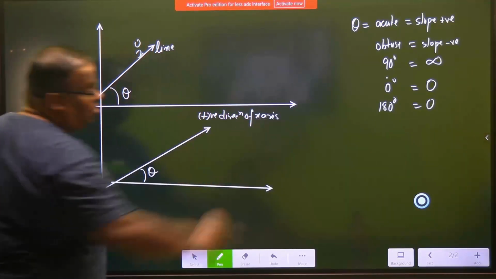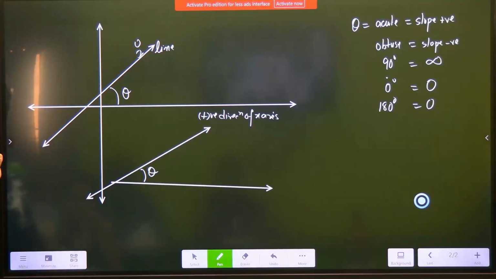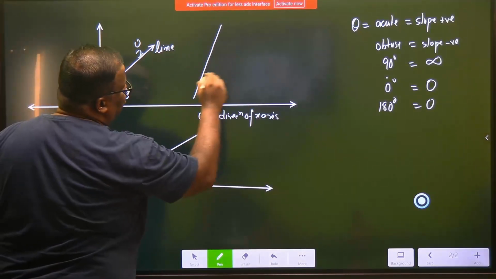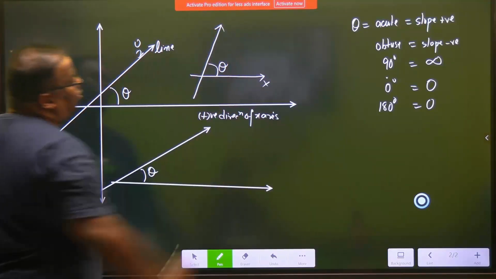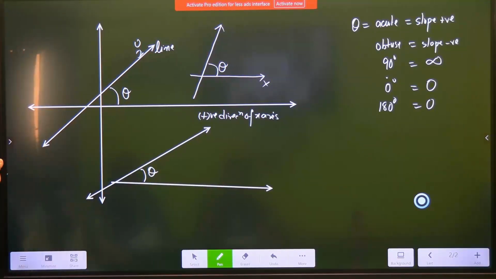I'll see the angle it makes with the positive direction, wherever my line may be. Sir, my line is here. No issues. Draw one x-axis here and look at this angle theta and look for whether the slope is positive, negative, or whatever. Understood? Acute means positive, obtuse means negative, 90 degree means the slope is infinite, 0 degree means the slope is 0, and at 180 also the slope is 0, because the child does not enjoy a ride.